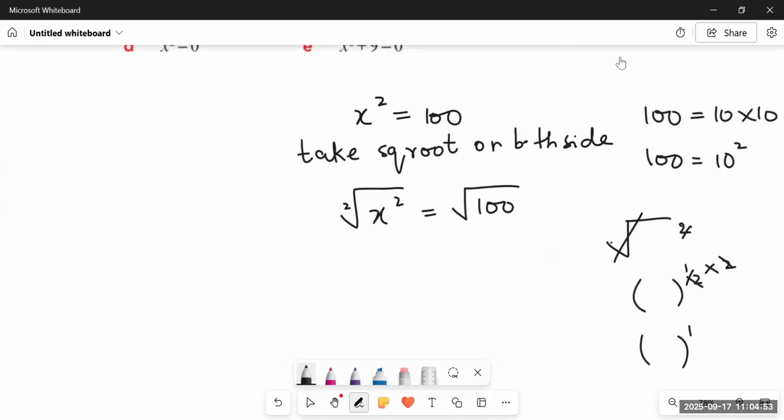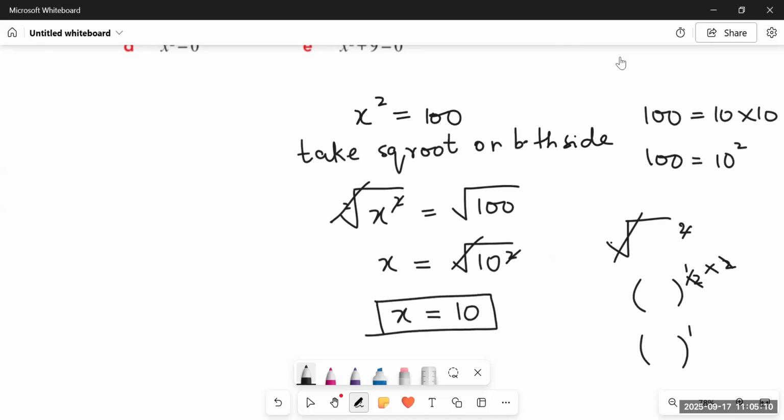So the number becomes 1 whole. So we will cut this square root with a square and we are left with x is equals to under root 10 square. And now again, this square root will cut this square. So we are left with 10. It means if x square is equals to 100, then x is equals to 10. That's all.